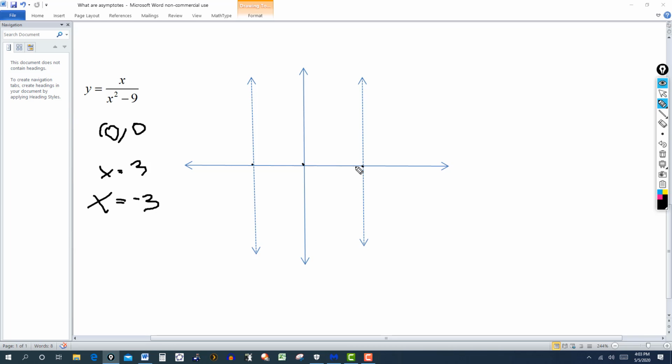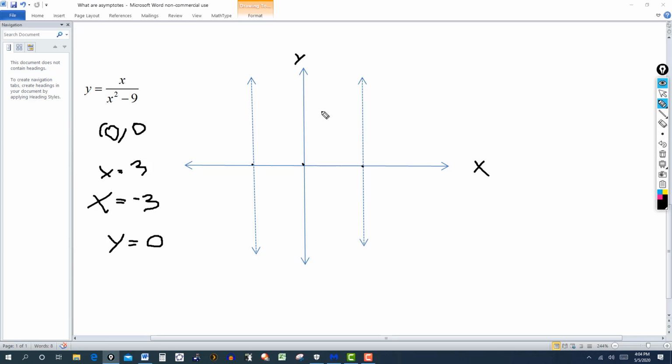Notice the degree of the numerator is 1. The degree of the denominator is 2. So based on what I just said earlier, I should have a horizontal asymptote at y equal to 0, which of course is your x-axis. So this is your x-axis and your y-axis.